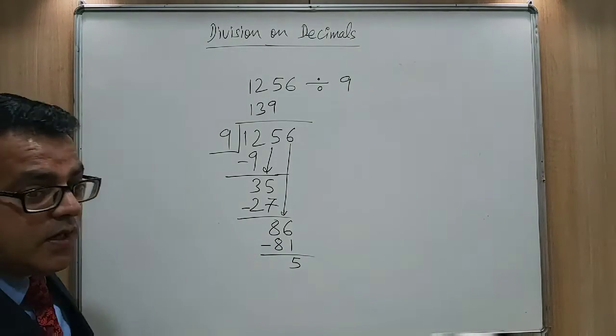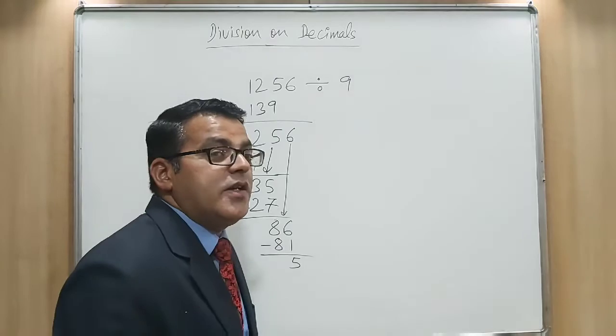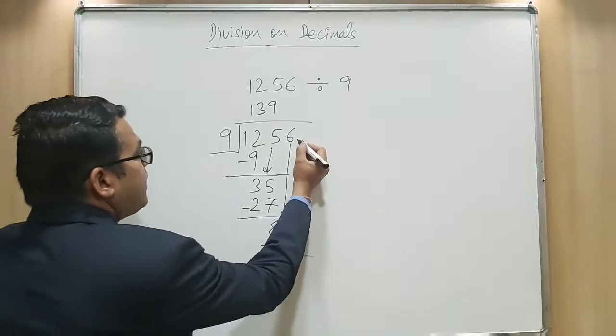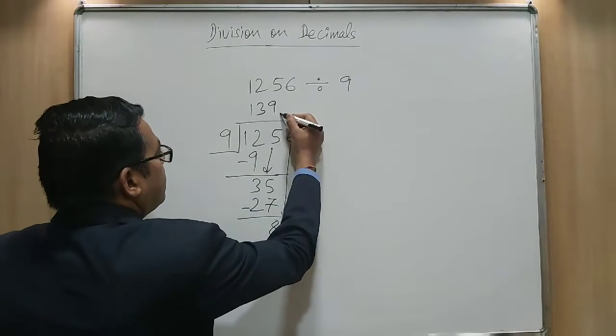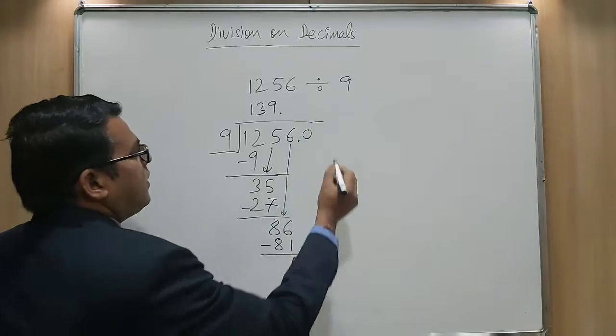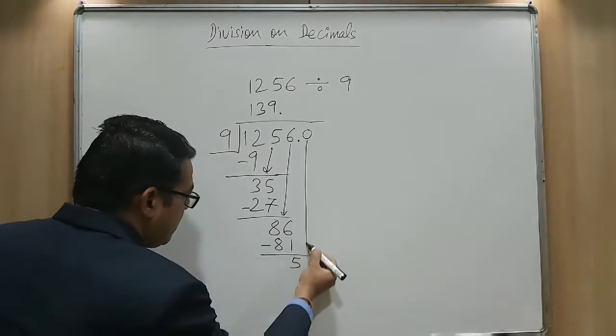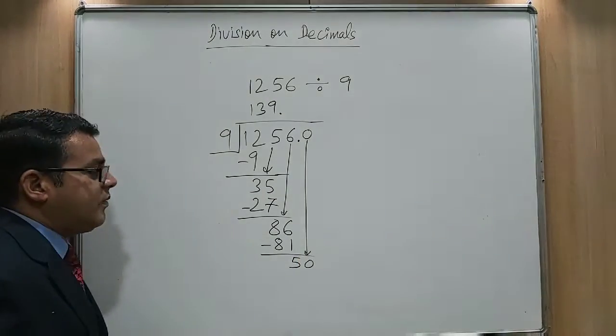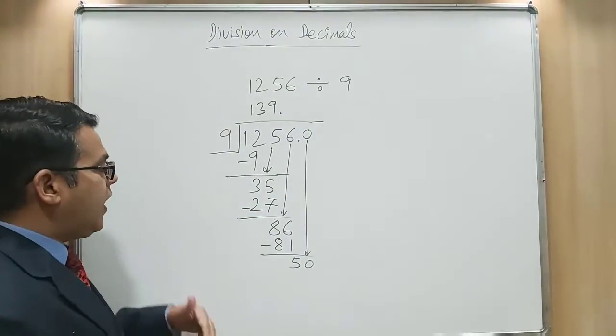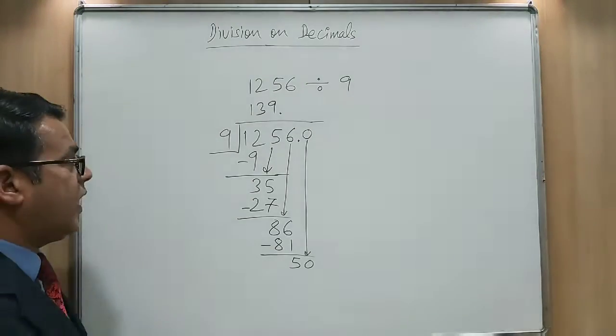Now what to do? This 5 is the remainder, but we have to write our answer in decimal. So what to do now? Put a decimal point here, here also, and 1 0 from your own side. So now shift this 0 here. Now it becomes 50. Now where does 50 come in the table of 9?